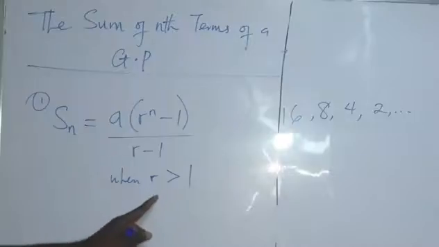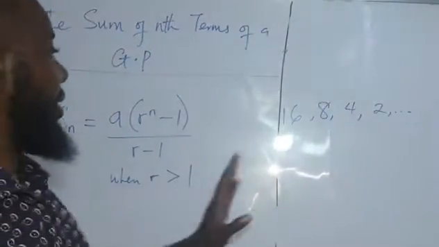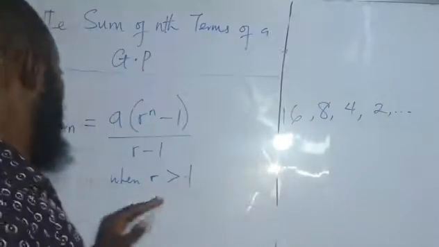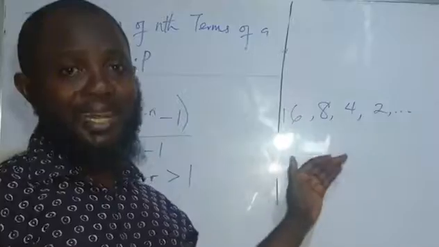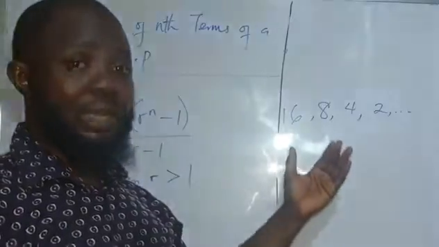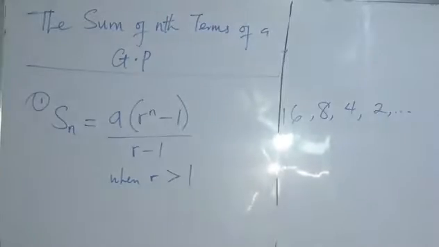If you are given a question, you must first determine if that common ratio is more than 1 or less than 1. If it is less than 1, you are not going to use this one. You use another formula, and that is this one.